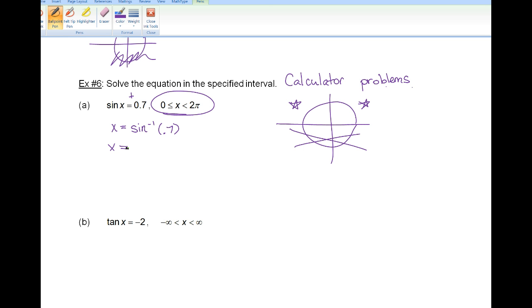0.775. Okay, that 0.775 is somewhere here in the first quadrant. Do you agree with that? If you're not sure, you can change it to degrees, or you can put your calculator in degrees, but I could just do 0.775 times 180 over pi. So it's about 44 degrees.